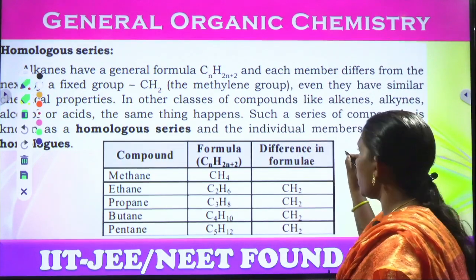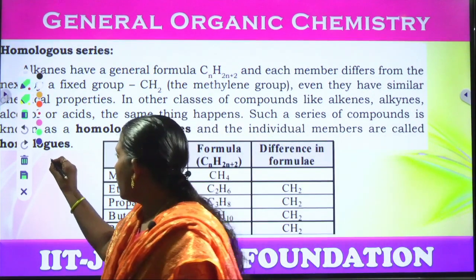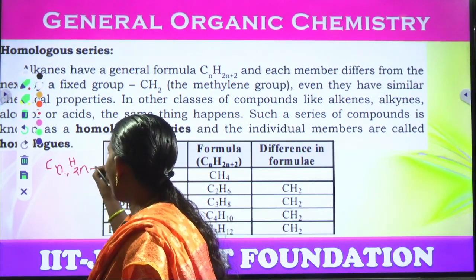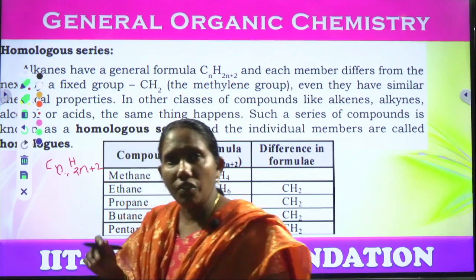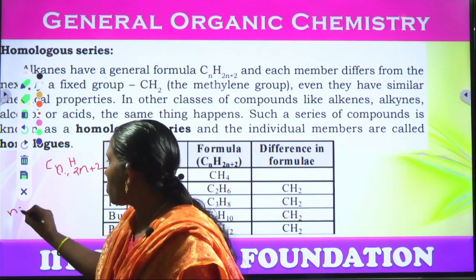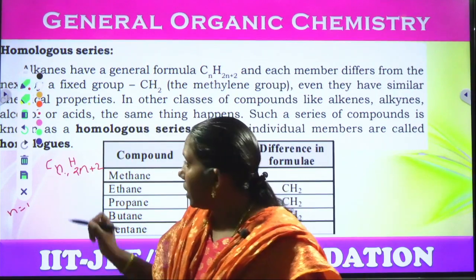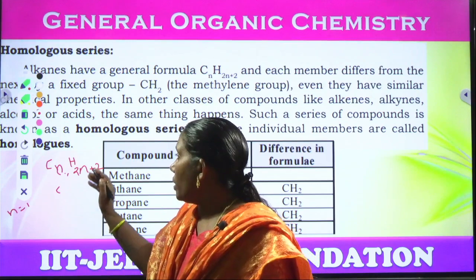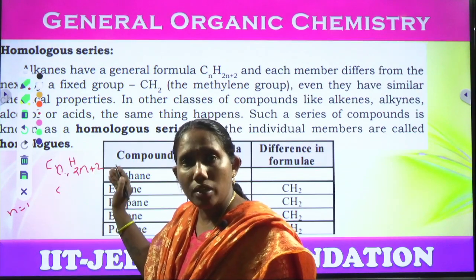The general molecular formula is CnH2n+2. If you substitute n equal to 1, it is C1, and 2 into 1 is 2, 2 plus 2 is 4.